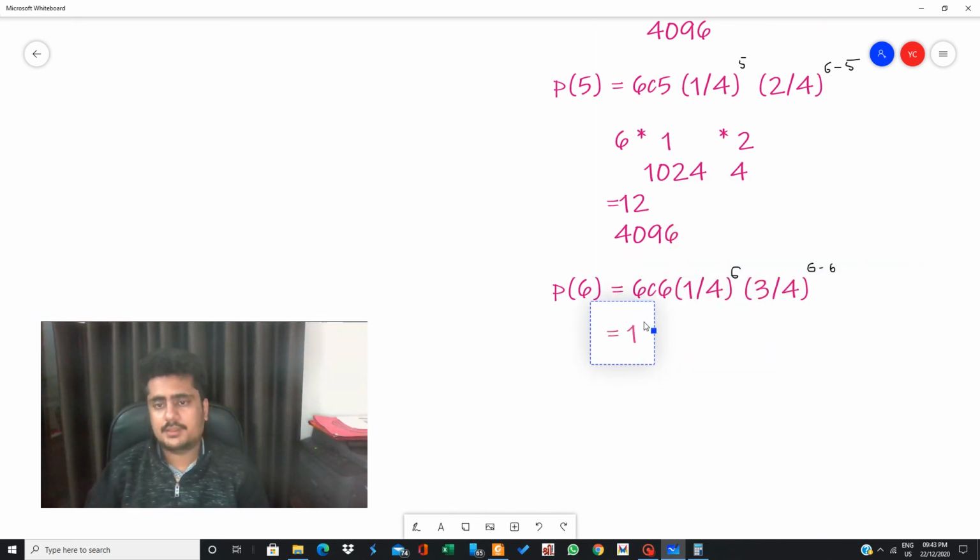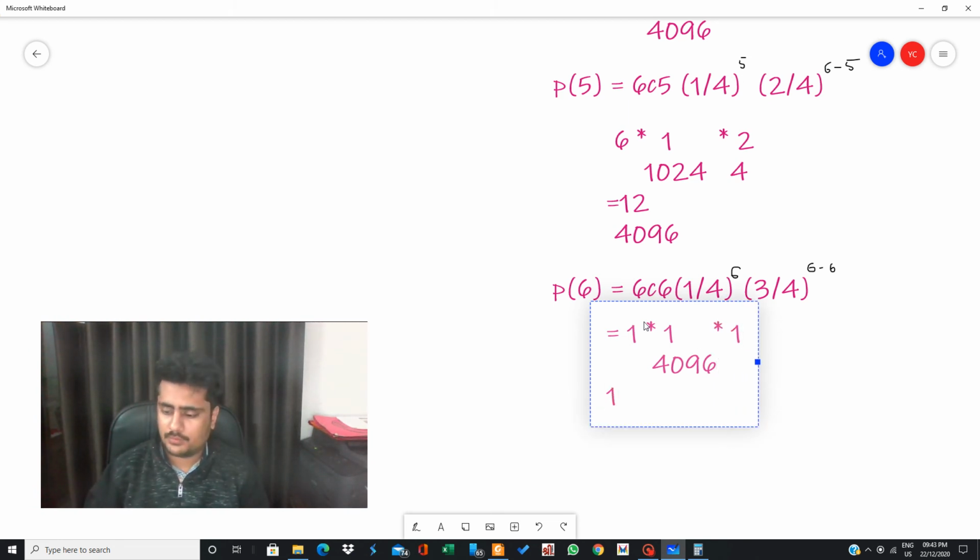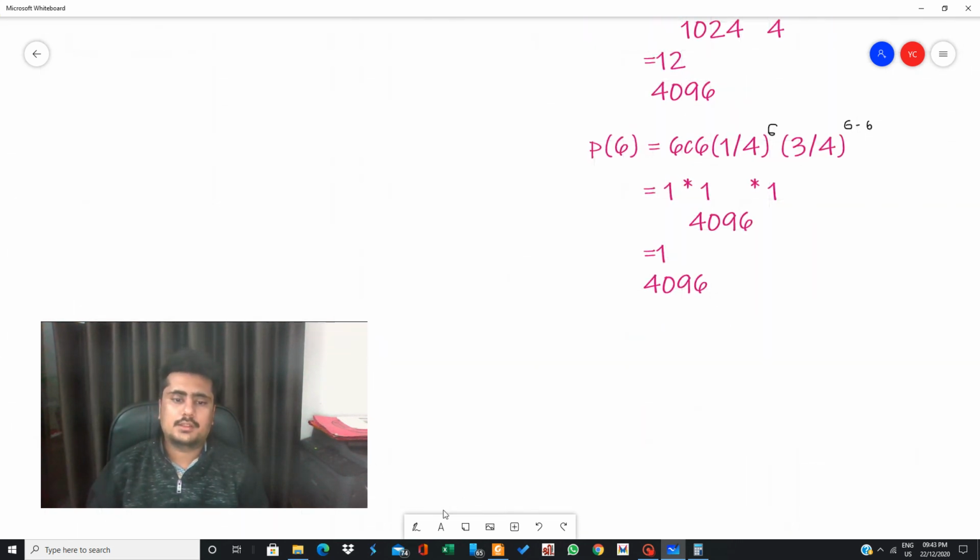So my 6C6 is 1. 1 by 4 raised to 6 is 1 by 4096 into 3 by 4 raised to 0. Any number raised to 0 is 1. So this is 1 by 4096.